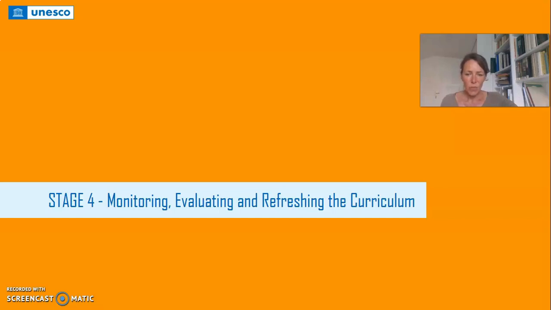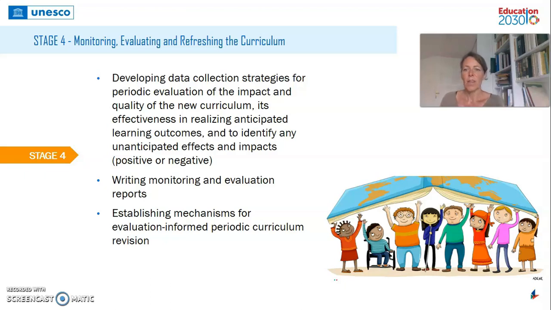The last stage would be monitoring and evaluation of the curriculum, and then again, thinking already of a next cycle of curriculum revision and how the content and the pedagogies could be upgraded at that stage.